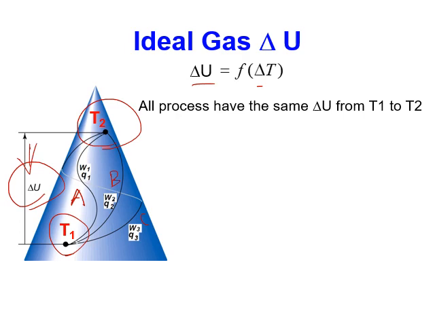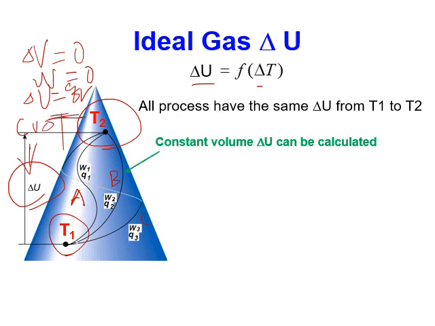If volume is constant, work is zero, and therefore delta U equals Q, and Q is Cv delta T. So even though you can go from initial state to final state with many different paths, we choose constant volume because that's the path we can calculate, and all paths give you the same delta U, because internal energy is a state function and only depends on T1 and T2.